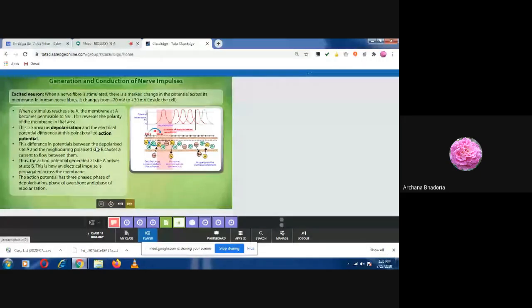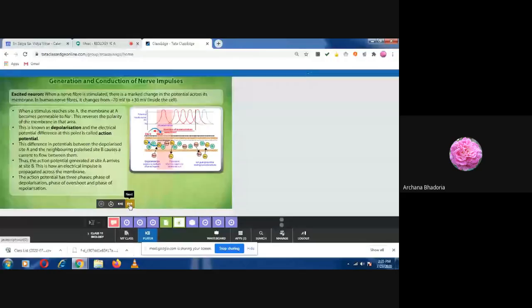Then write that when a nerve fiber is stimulated. Noted. Can you read it? Shravani, read.